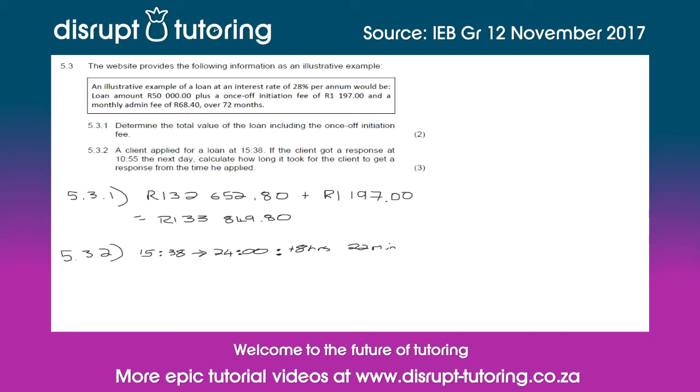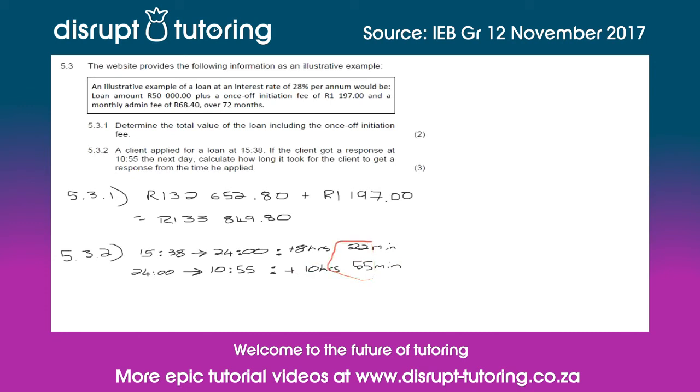Then we can go from midnight, which is 24 o'clock, but that's also 00:00. We need to get to the time we received the response, which they say is 10:55. So to get from midnight to 10:55 in the morning, we need to add 10 hours and 55 minutes, and then the total time is going to be this 8 hours and 22 minutes plus the 10 hours and 55 minutes.